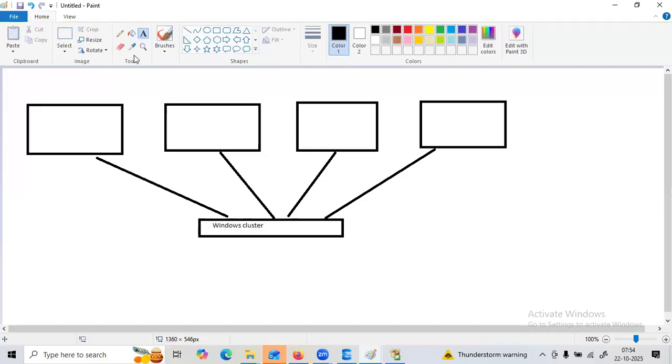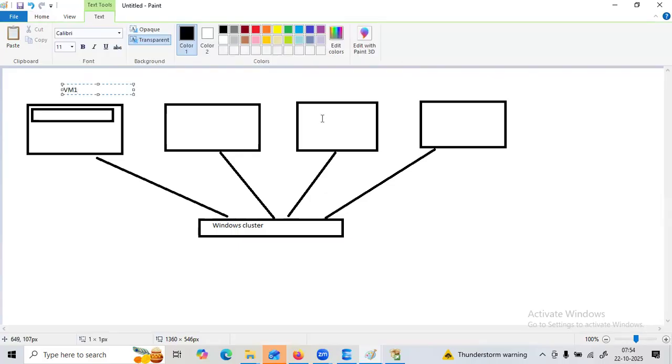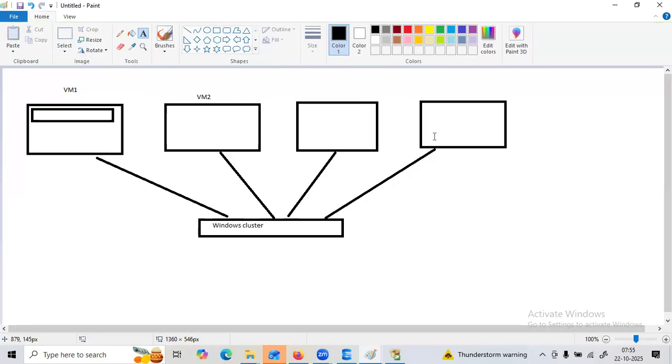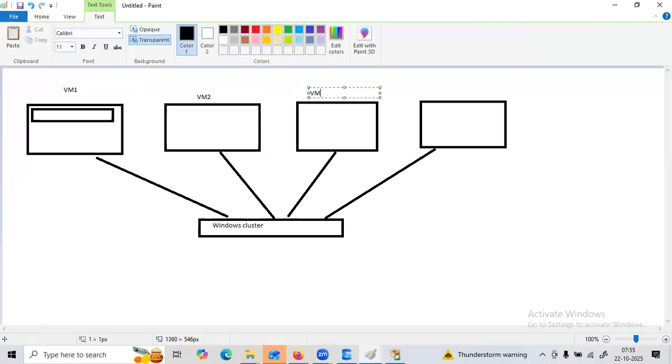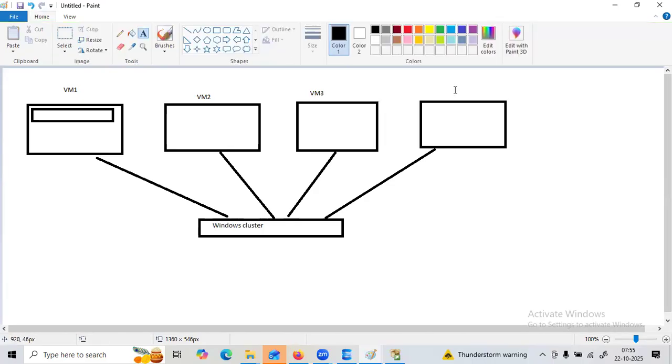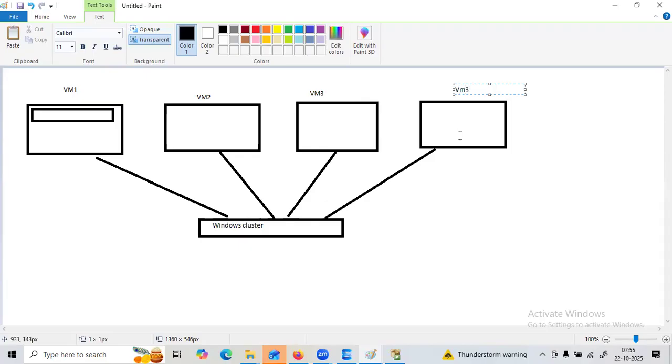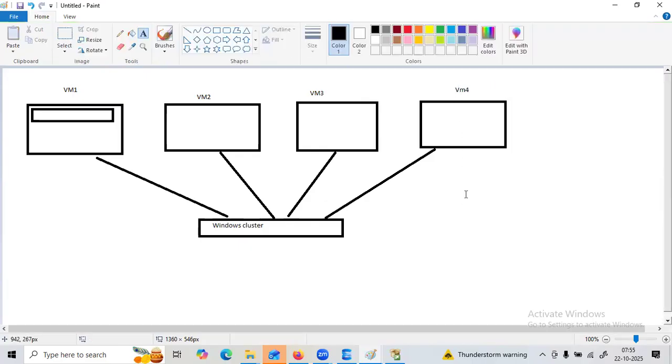In that one Windows cluster, we install the SQL server from one computer. VM1, VM2, VM3, VM4: all four computers are joined together in the Windows cluster.